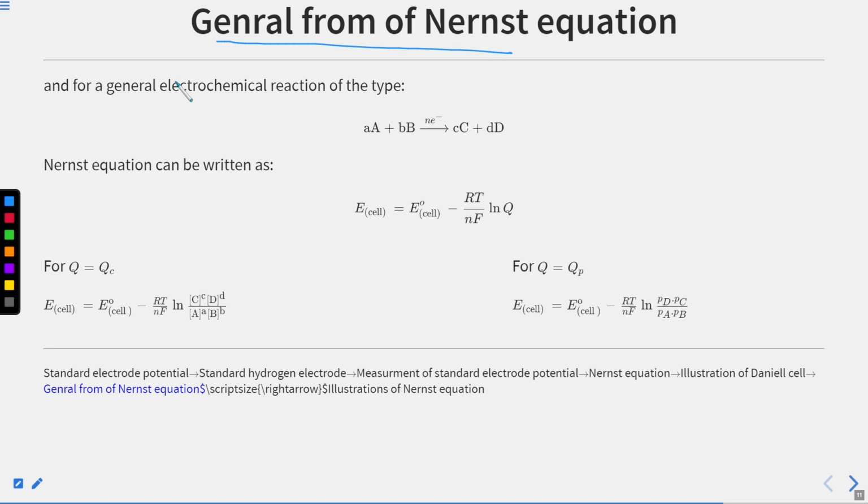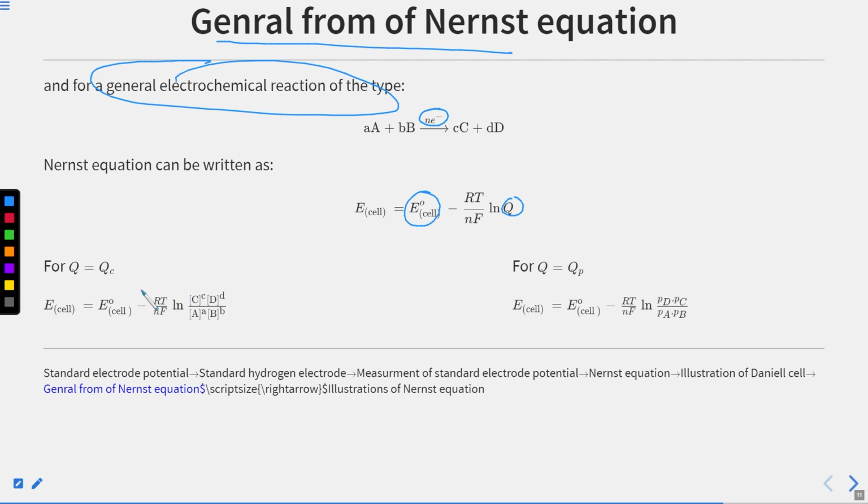If we have a general electrochemical reaction like this, in which aA plus bB goes to cC plus dD, and n electrons are involved, then we write E cell is equal to E0 cell minus RT by nF ln Q, where E0 cell is the standard EMF due to the reaction of A and B. Now this Q is again the reaction quotient, and it takes different forms depending on what we are taking.